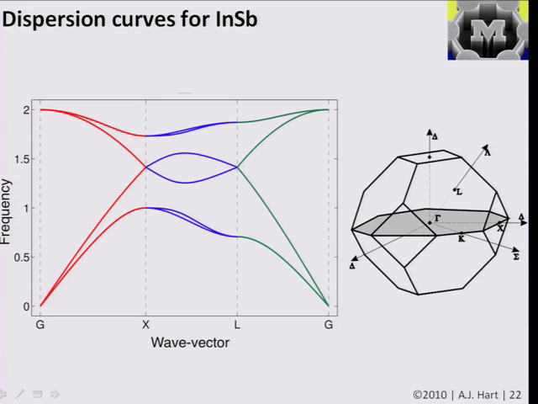And this will take a little while to wrap your head around, this space and what it means. But you see this all over the place. And the main idea is, in 3 dimensions, in any direction you look, you have a relationship between frequency and wave vector. And the basic rule is for each direction you have, you get 3 branches.